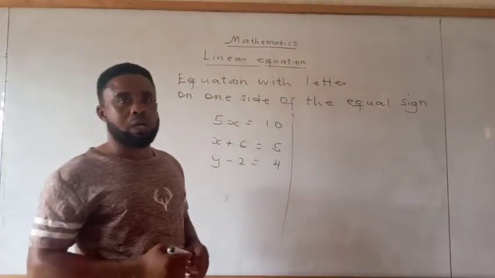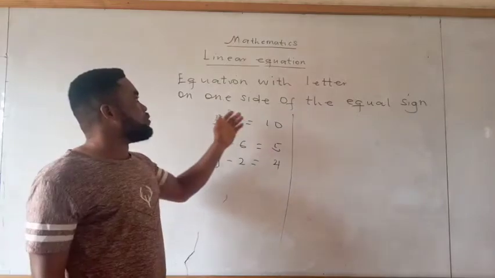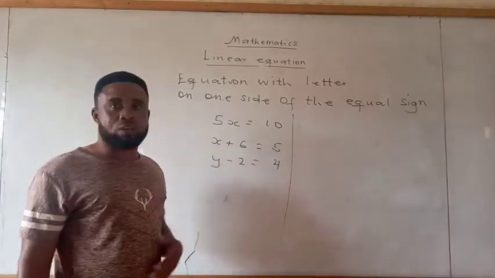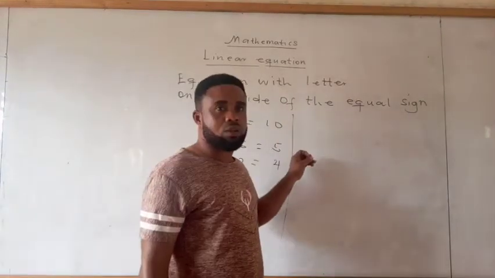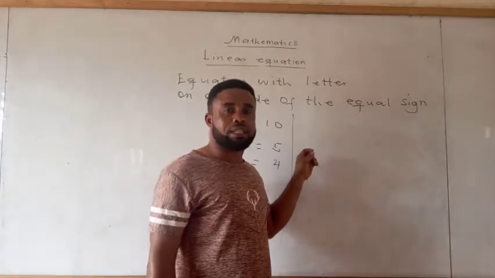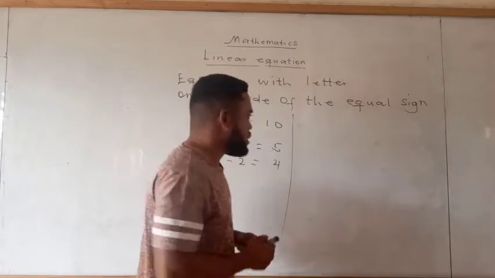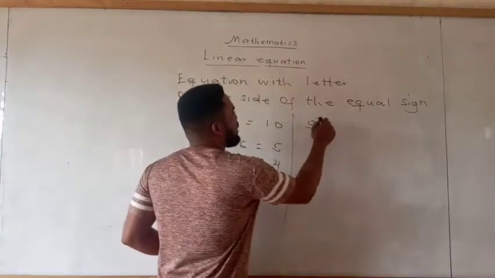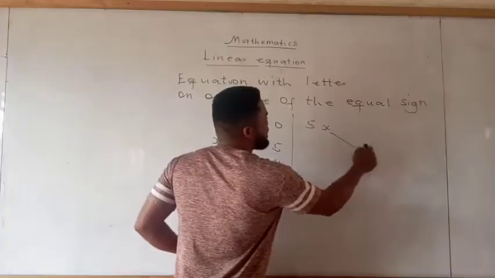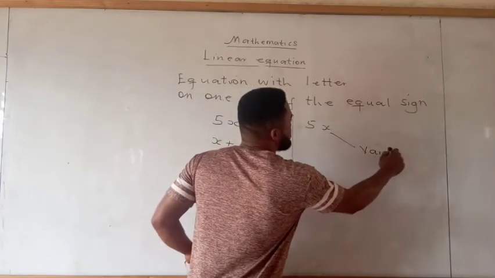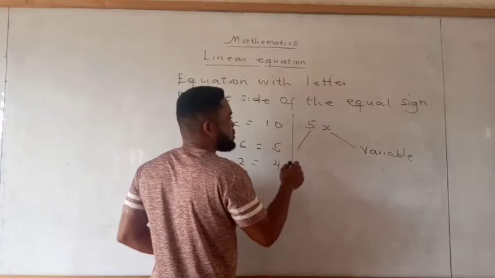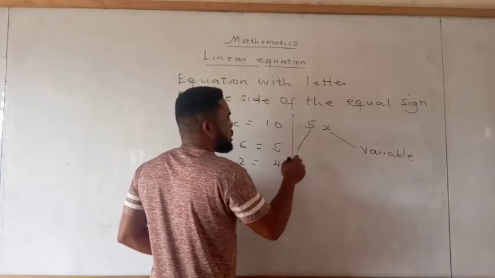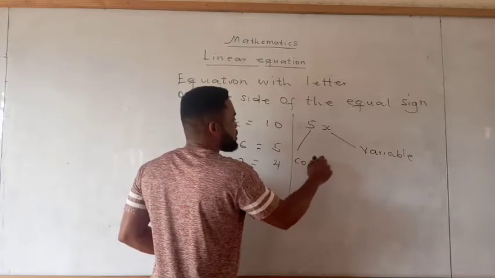Before we look at equations involving a letter on one side of the equal sign, let's take notice of the following. If I have 5x, the x is called the variable, and then the 5 is called the coefficient.